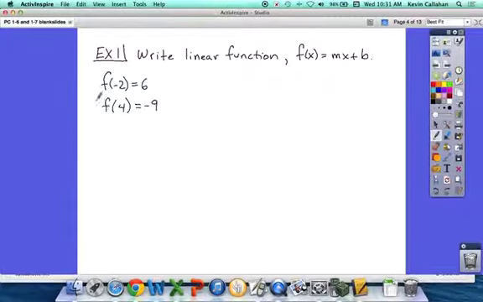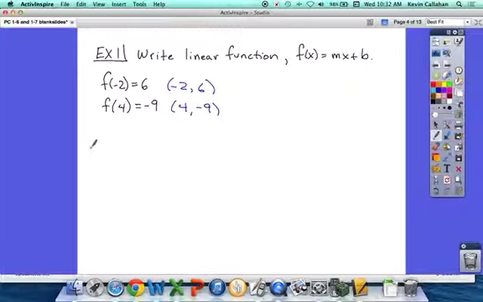Do you see how when they give you function notation like this, they're really just giving you 2 points? What are the 2 points? The x is -2, the y is 6. The x is 4, the y is -9.